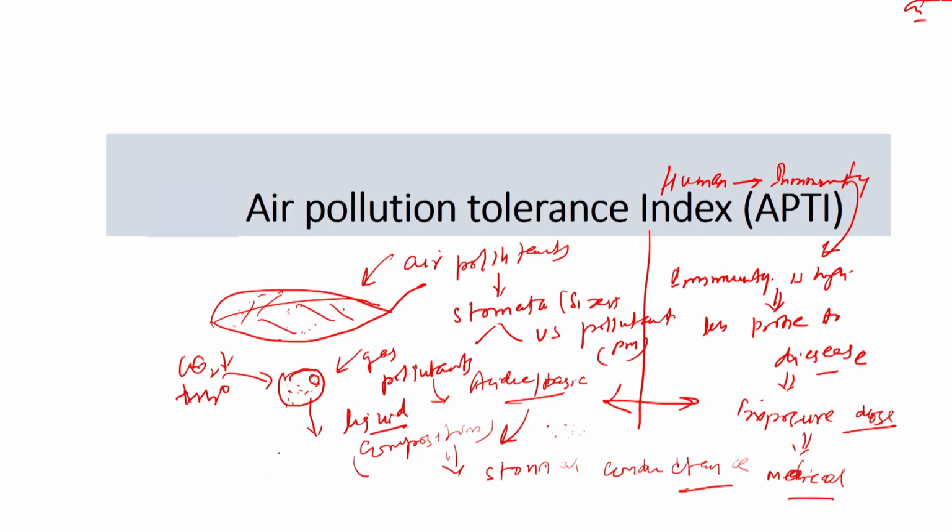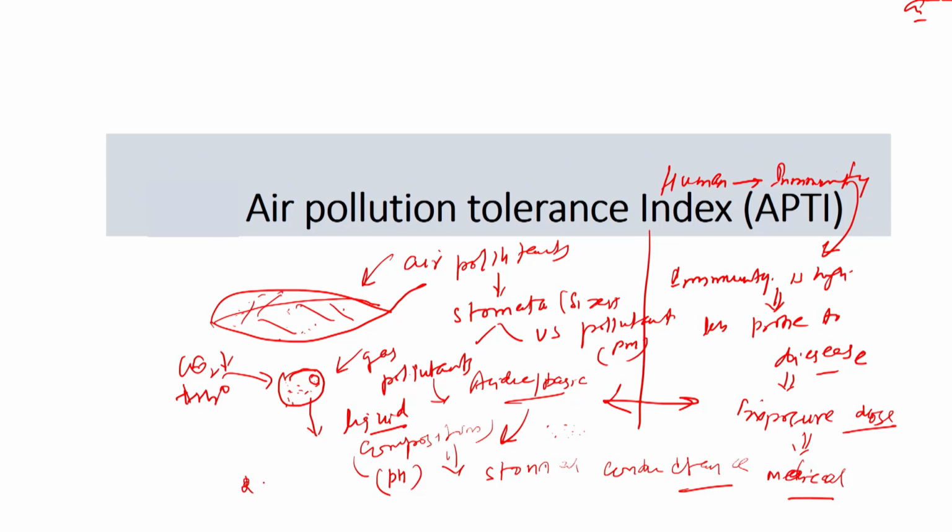Similarly, I said that liquid composition and pH become very important here, because if the pH is acidic in nature, then what will happen? It will not be good for plant survival, and plants can be destroyed.